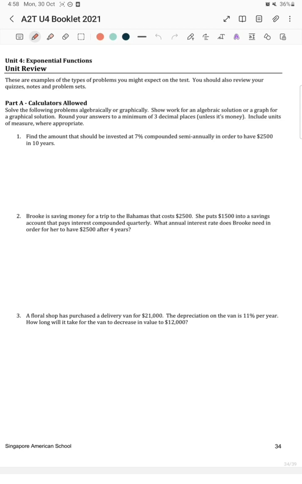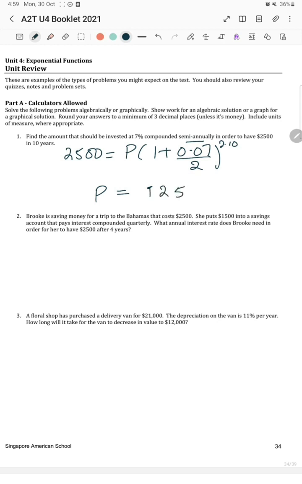So amount given is 2,500, which is equal to P (1 plus R) where R is 0.07 by T is how many years? It is semi-annually, means 2 times in a year, and 2 into 10. So after solving it, I will get P is equal to 1256.41.